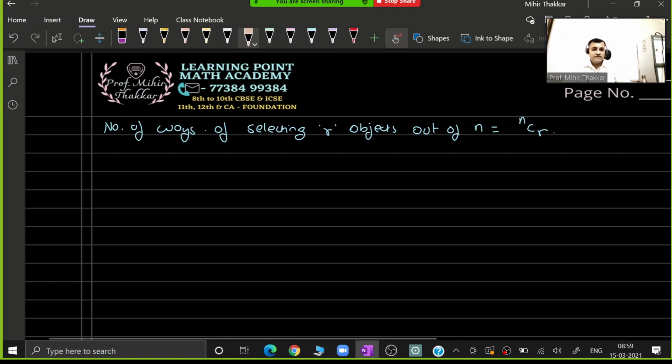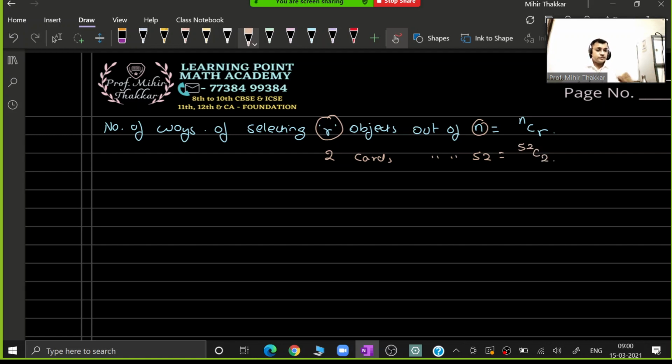Now in our example, we have to select two cards out of 52. So this becomes 52C2. So this 52C2 becomes your value of n of s.